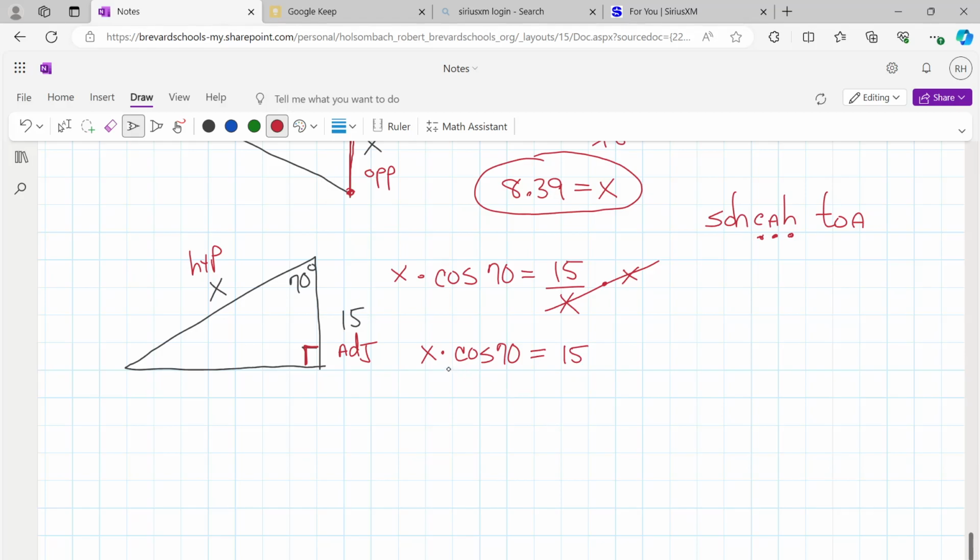The next step is to divide both sides by cosine 70. Now the cosine 70s cancel out and the x comes down. In your calculator, you type 15 divided by 70 cosine, hit equals, 43.86.